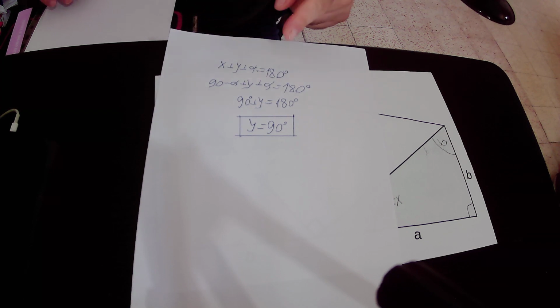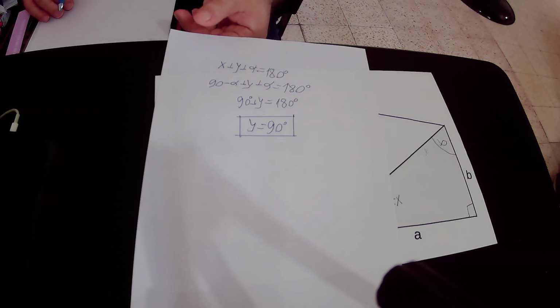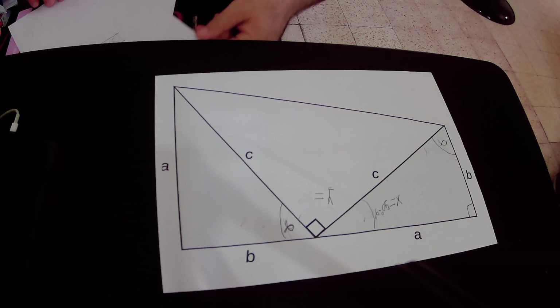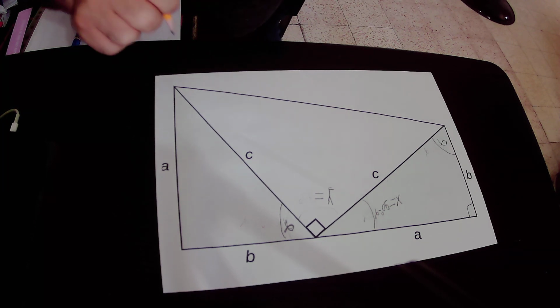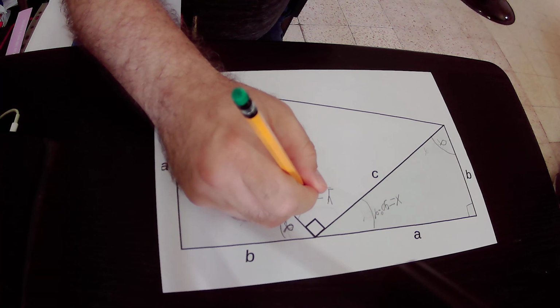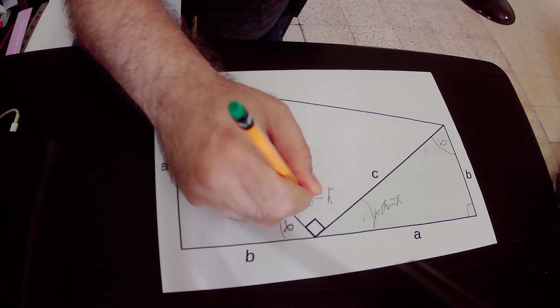Here we subtracted 90 degrees from both sides of the equation, and we got that y equals 90 degrees. So the middle triangle is a right triangle because one of its angles is 90 degrees.